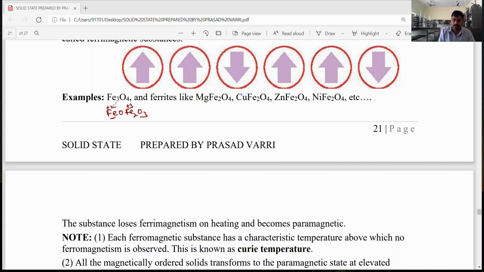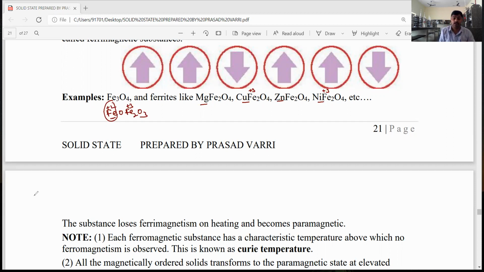In that, the +2 metal ions are replaced by magnesium, copper, zinc, and nickel, and the iron in +3 oxidation state remains. Those are called ferrites. Magnesium ferrite, copper ferrite, zinc ferrite, and nickel ferrite are examples of ferrimagnetic substances. Okay, dear students, ferrimagnetic substances are very important. Here we need to remember the examples directly. They will ask in JEE and NEET examinations.